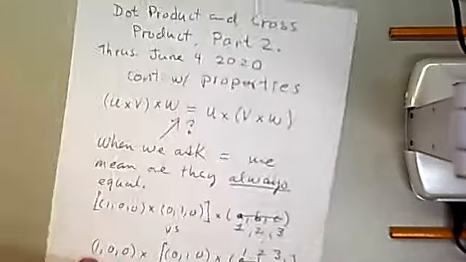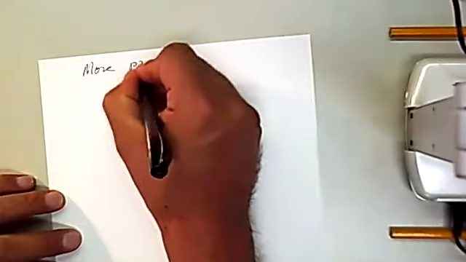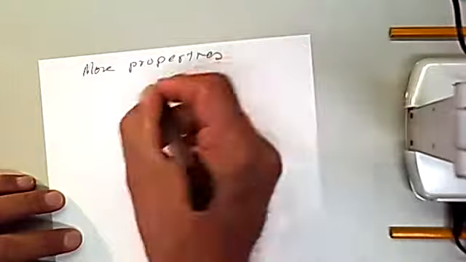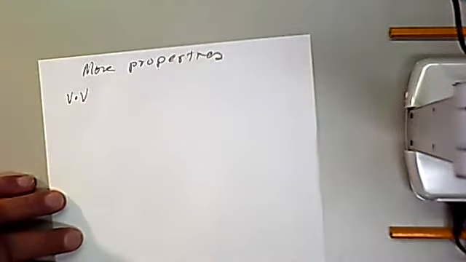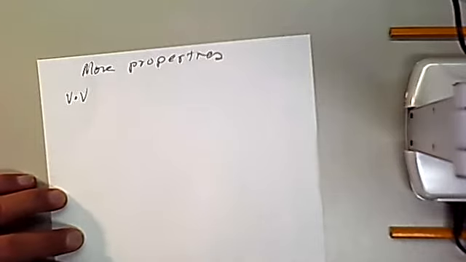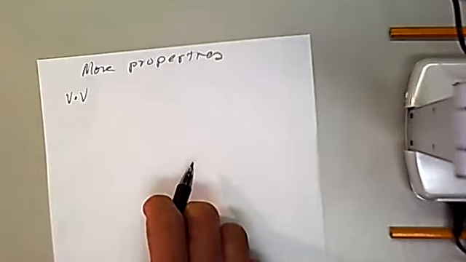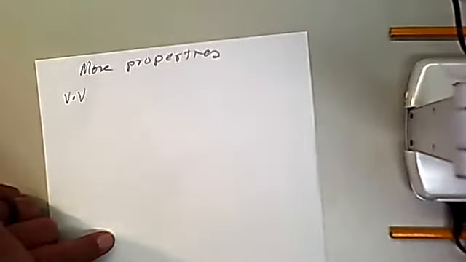Let's talk more about properties of the dot product and the cross product. If you dot a vector with itself, then you have two vectors that are parallel. We allow a vector to be compared to itself. In math in general, we allow things to be compared to themselves. So v is parallel to itself in mathematics.